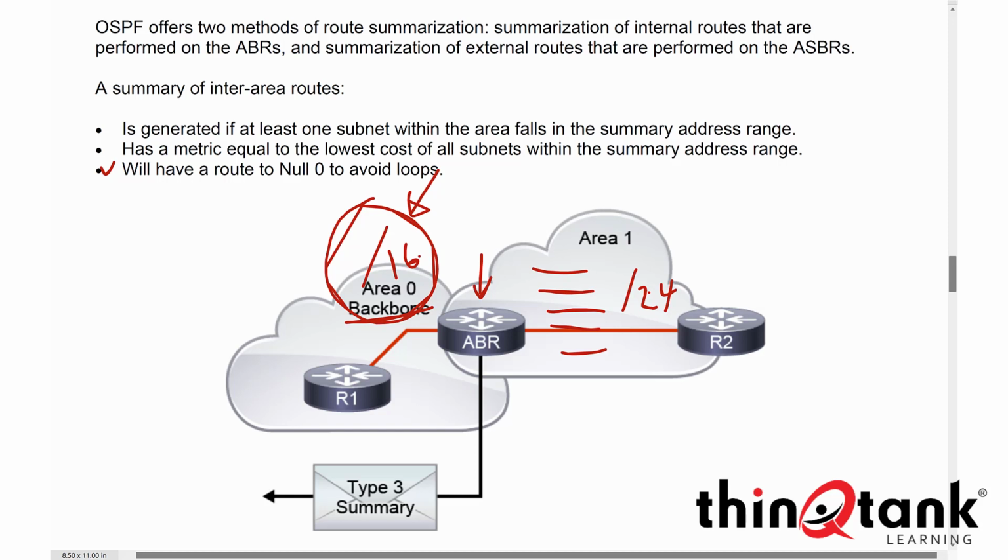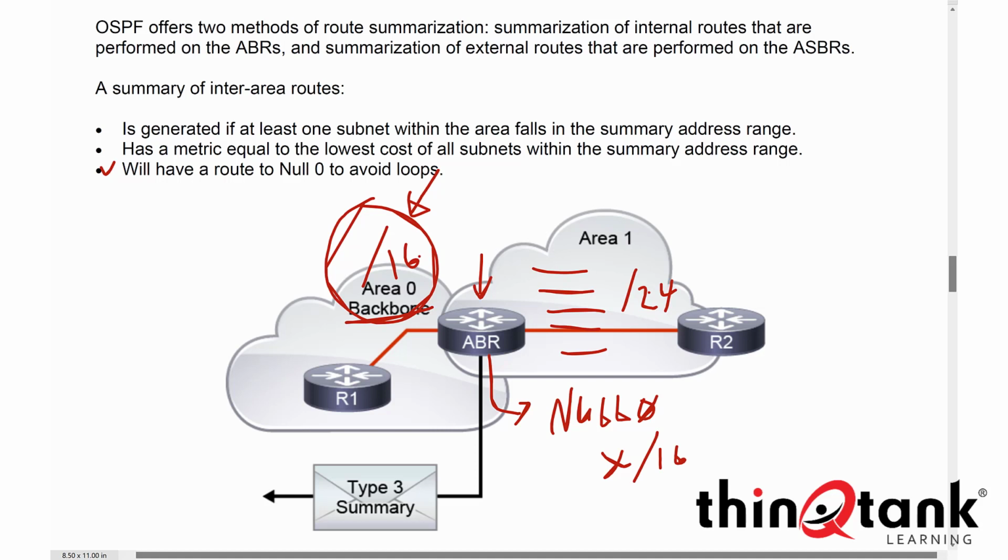And if I only have 5 different /24s, then clearly there are going to be other subnets included in that summary. So router 1 and the other routers in OSPF are going to think that they can get to all of those networks in that /16 range, even though they don't exist. So as a loop avoidance mechanism, the ABR is going to generate a local null zero route that matches the summary.